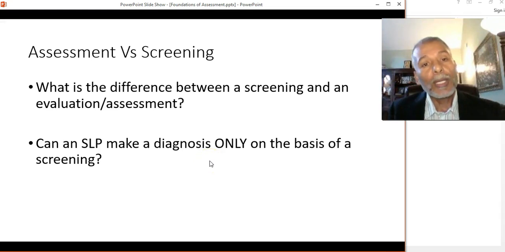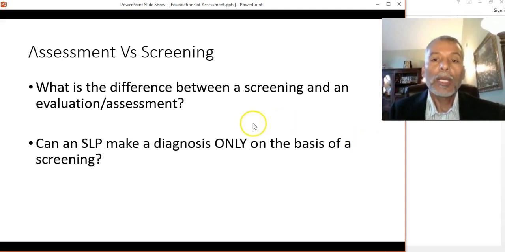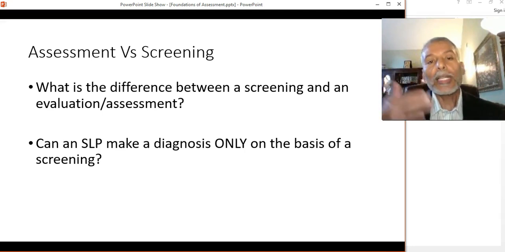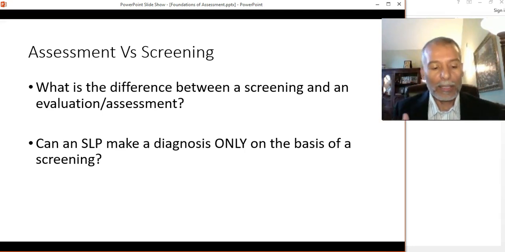So again, we cannot make a diagnosis based only on a screening. The screening confirms to us that there is a need to do a full evaluation, and the purpose of the screening basically is to save resources and to also catch cases quickly so that they are not deprived of services when they need the services.